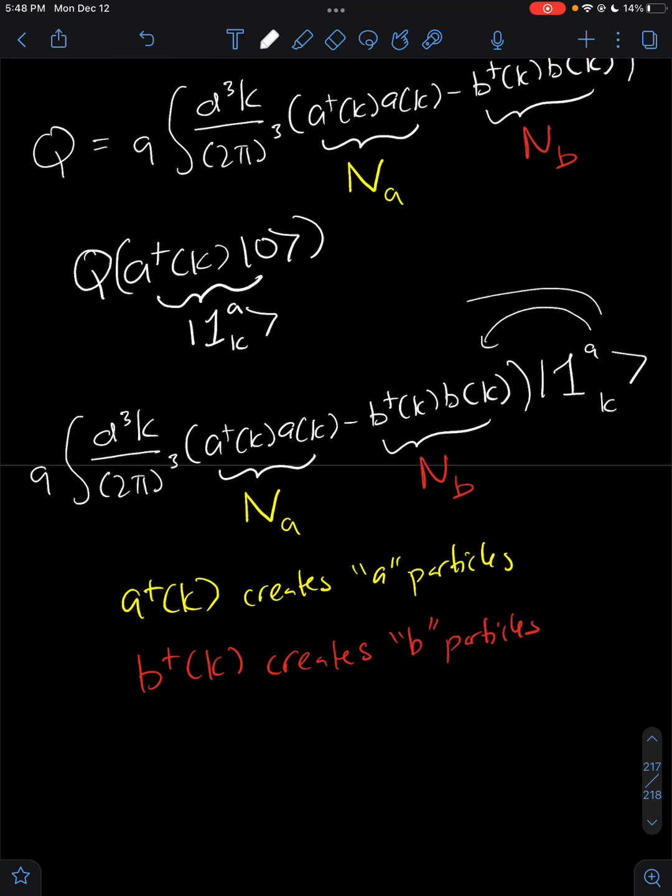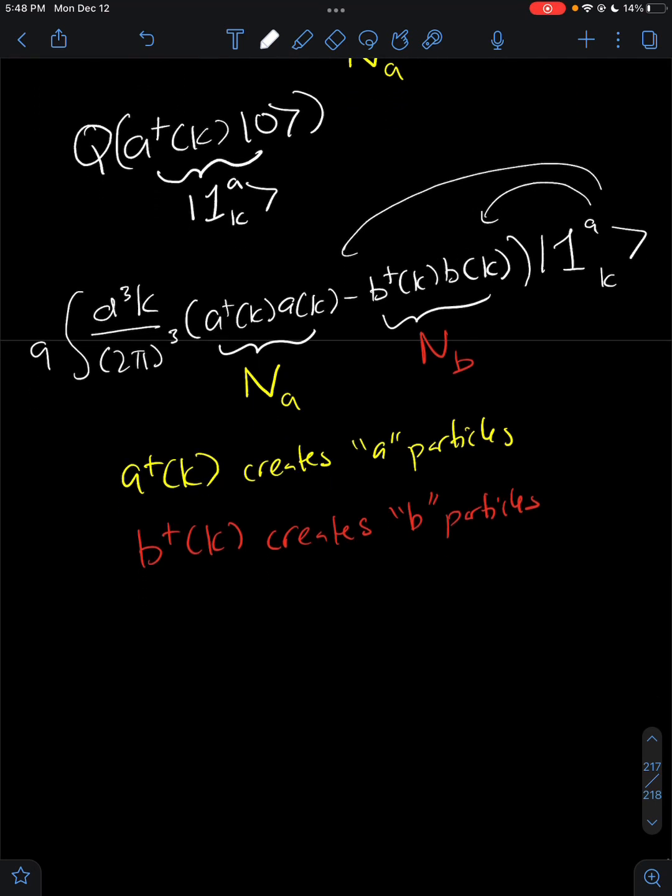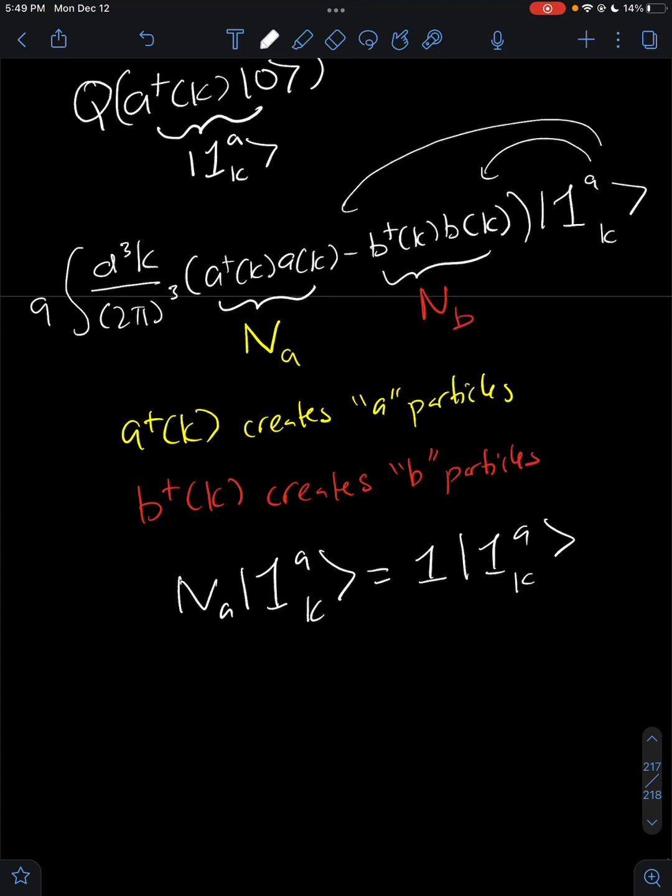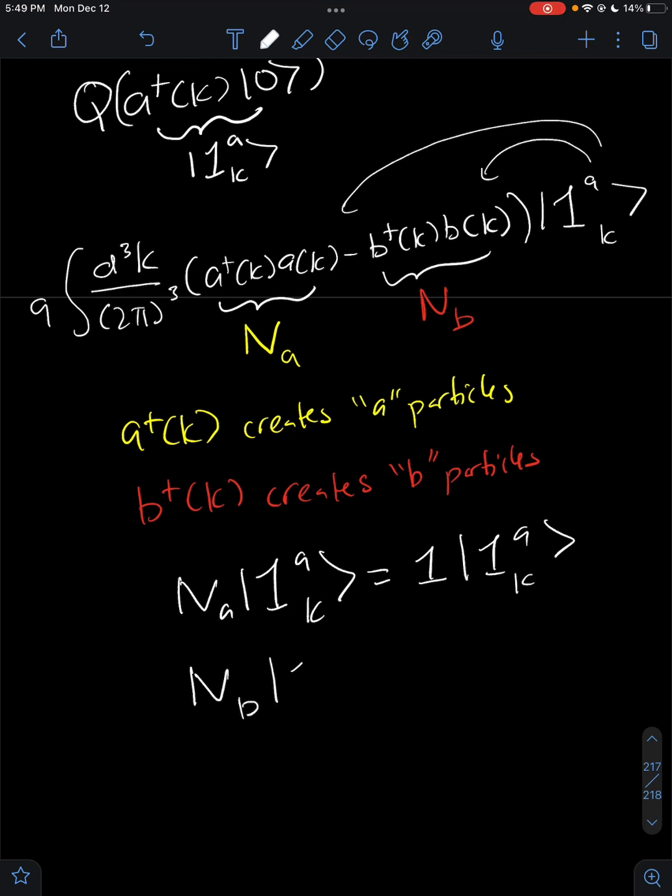So we can just distribute that on the inside. Now since NA acting on this is going to give us 1 times 1AK, since N is the number operator, and then this acting on 1AK is going to give us 0.